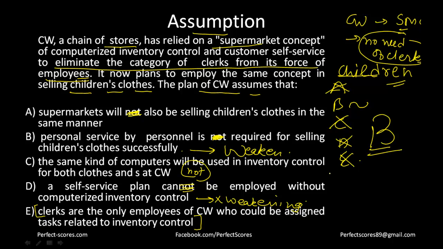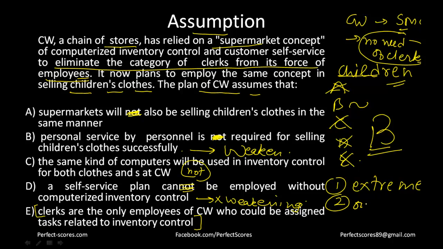Now remember, there are a few option types which are usually incorrect in critical reasoning. First of all, the ones that are extreme. Extreme answers are usually incorrect both for critical reasoning and reading comprehension. Answers that have words like must, always, never, no one, all these, unless the same information is mentioned in the passage or the argument.